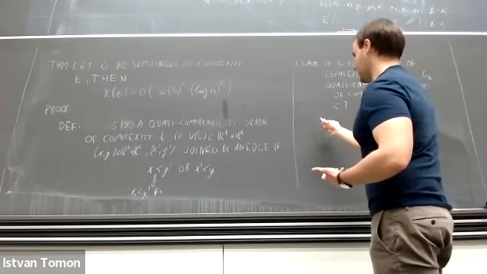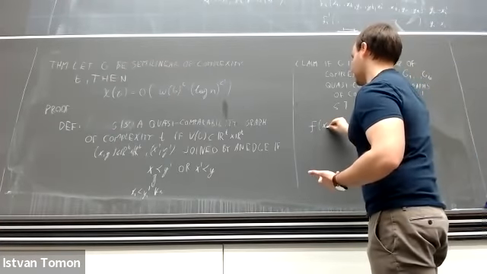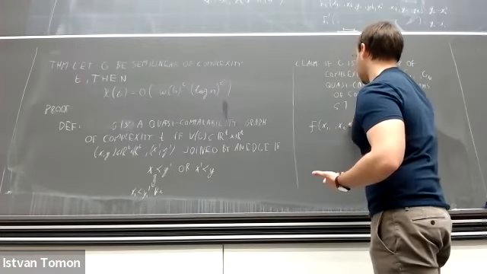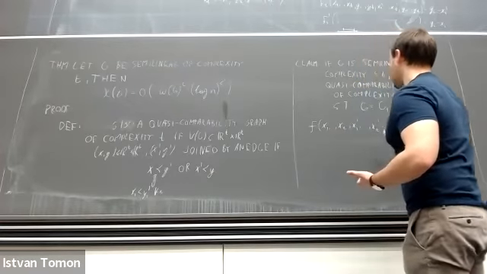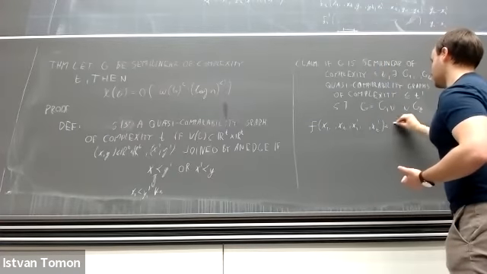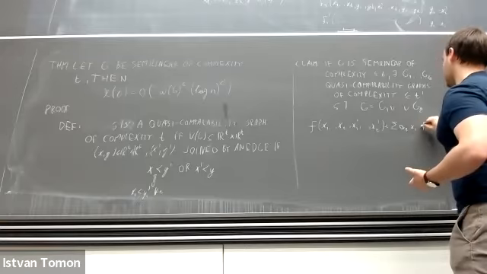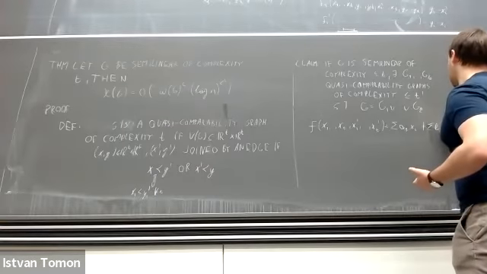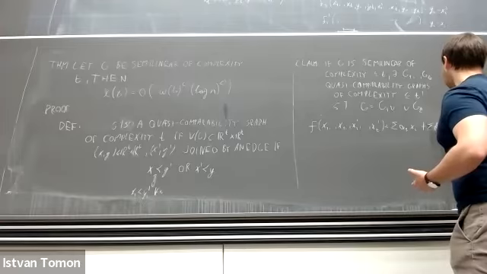Now if we look at some linear function of x_1, ..., x_t, x_1', ..., x_t', then because this is linear, we can write this as the sum of a_i x_i plus the sum of a_i' x_i' plus b.